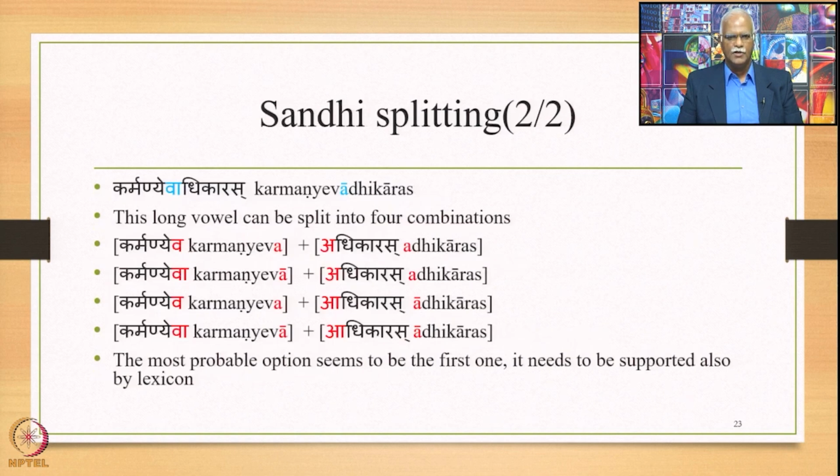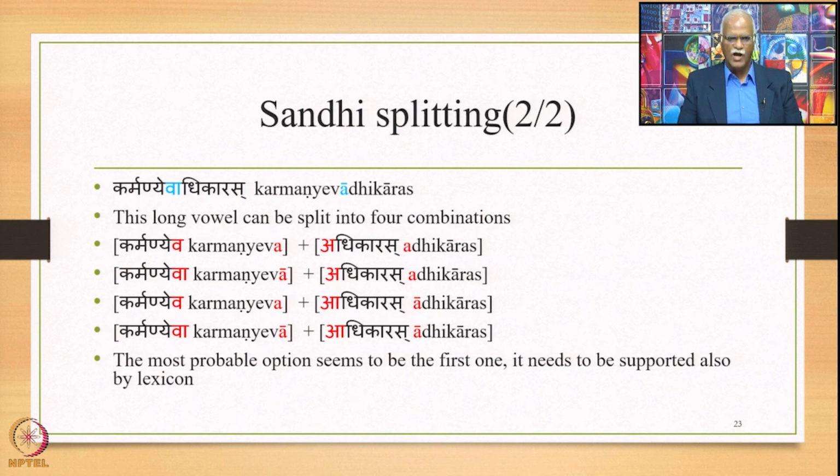So for example, if we have karmanyevadhikaras and there is only one long a over here, so this long vowel can be split into the following components: karmanyeva and adhikaras, and so on, giving four options.